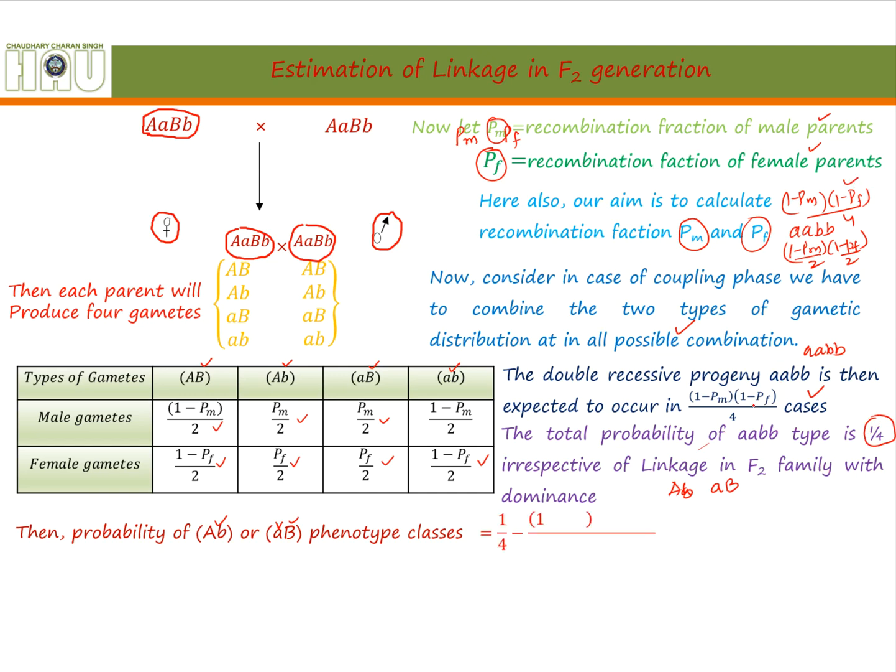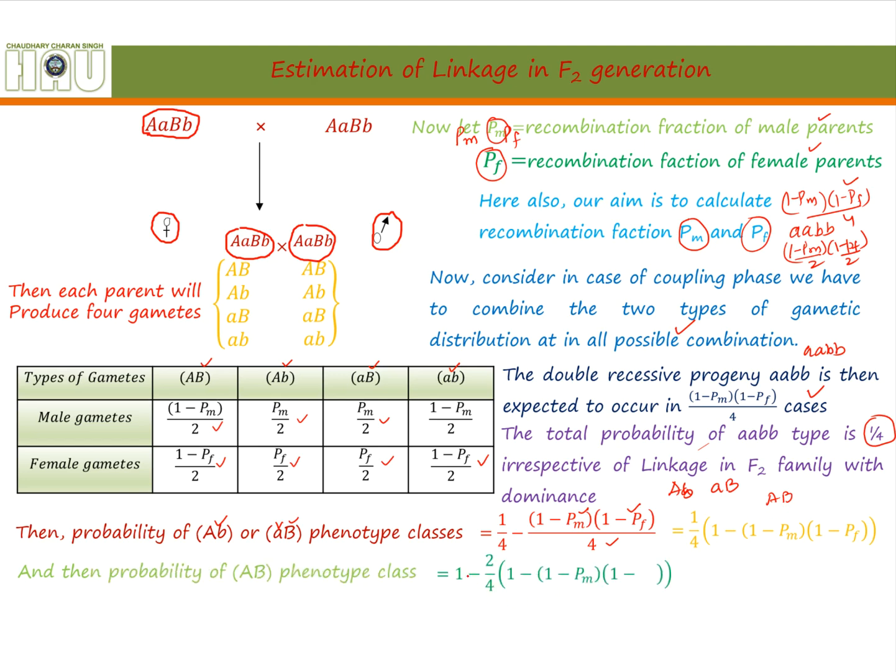So it will be equal to 1 by 4 minus 1 minus PM into 1 minus PF divided by 4. On simplification, if I take 1 by 4 common, this becomes 1 minus PM into 1 minus PF. And the probability of capital A capital B phenotypic class is given as 1 minus twice this. This is for recombinant type and this is for recessive part.